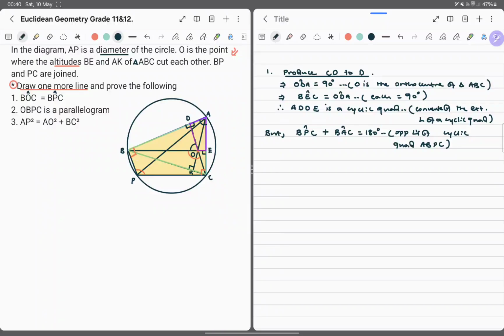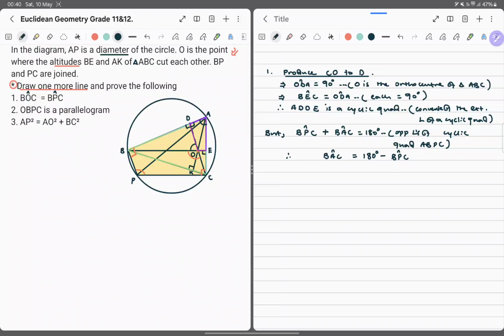Nice and easy. So what are we trying to do? We want to describe this angle A, which is BAC, in terms of BPC. We can say, therefore, we understand that BAC is going to be 180 degrees minus angle BPC. Nice and easy. Okay.